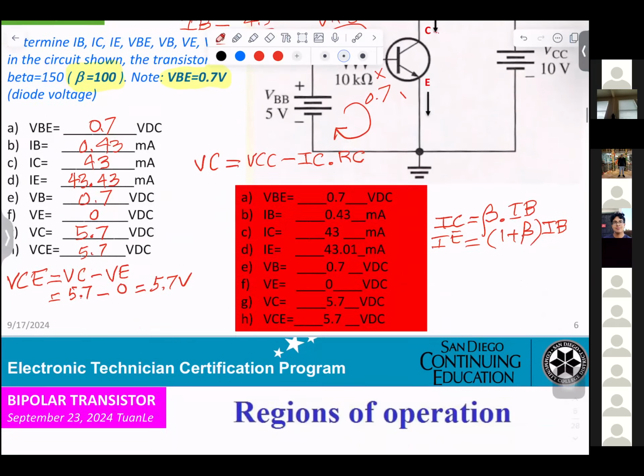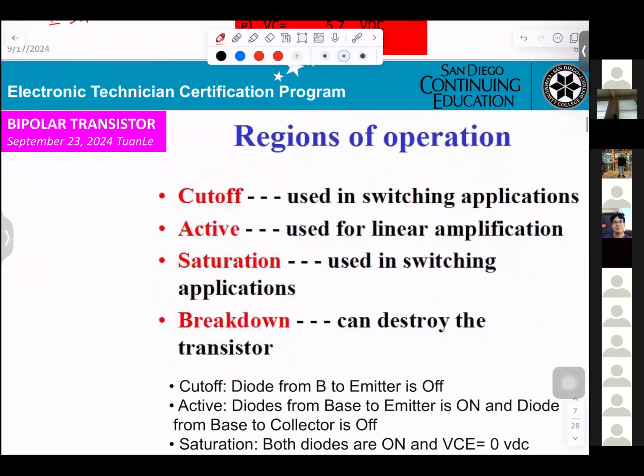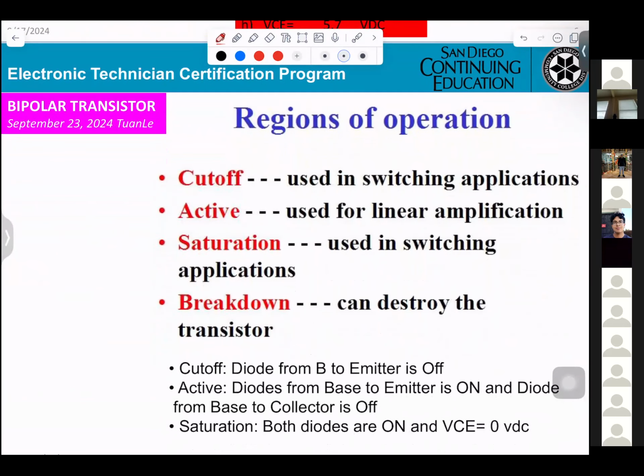Okay, now if you're looking into here, they give the regions of operation of the transistor. First thing, cut off. Cut off means the transistor will be off. They use it in switching application, that means just on or off.